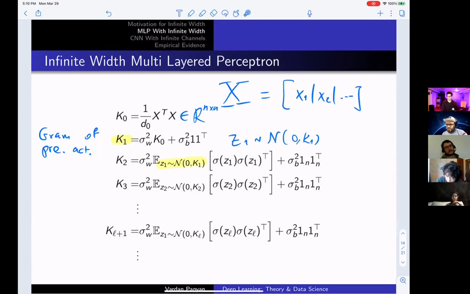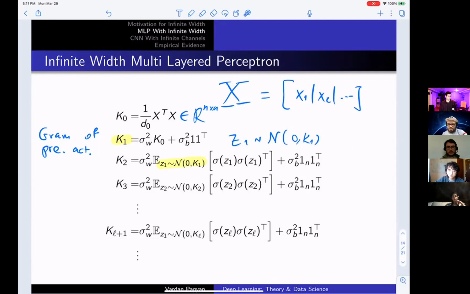So Amireza is asking, is the number of layers finite? In what we're currently discussing, it is finite, but there are works by some of these authors which analyze what happens if you have an infinite number of layers as well.